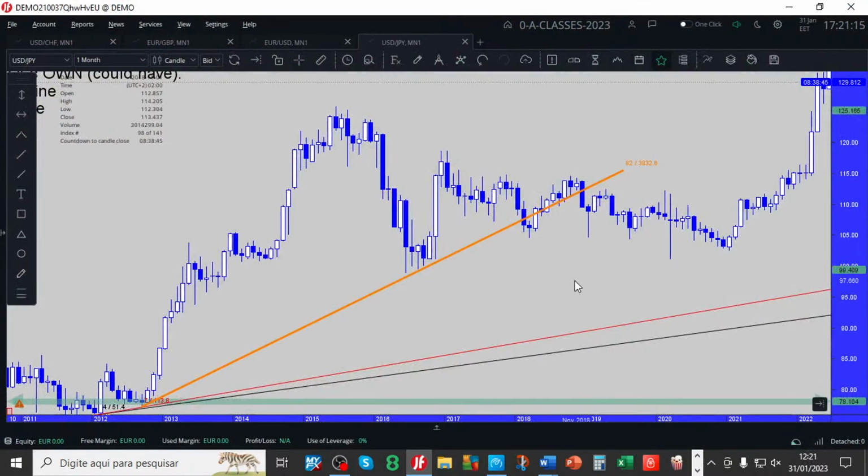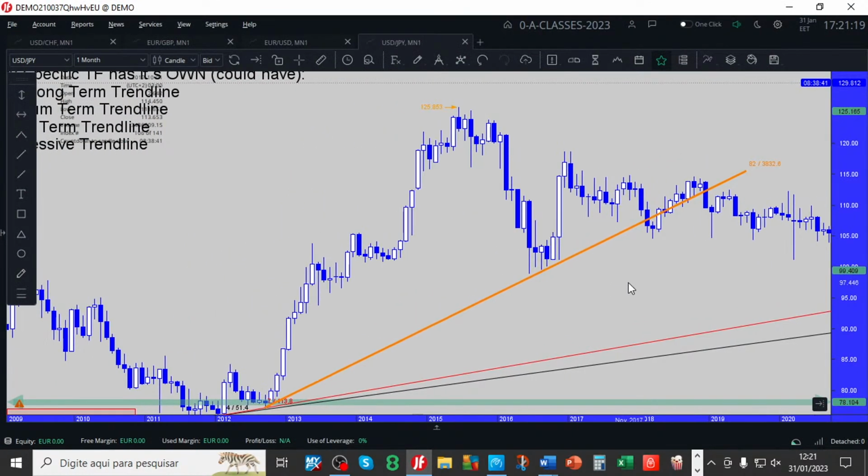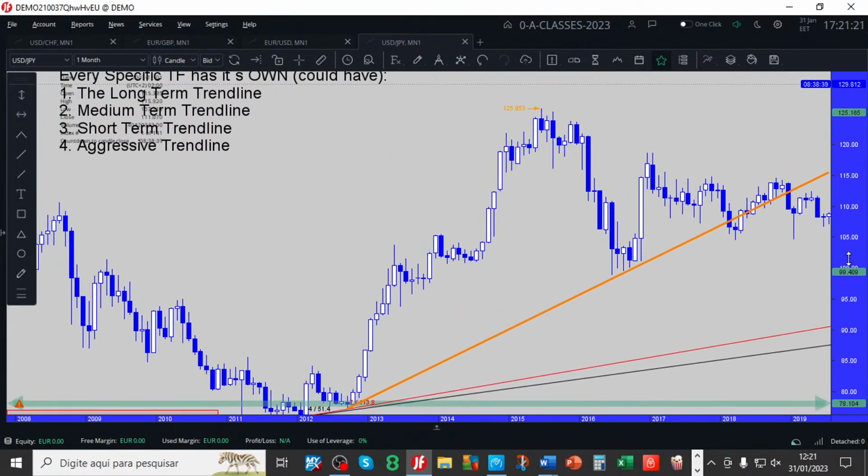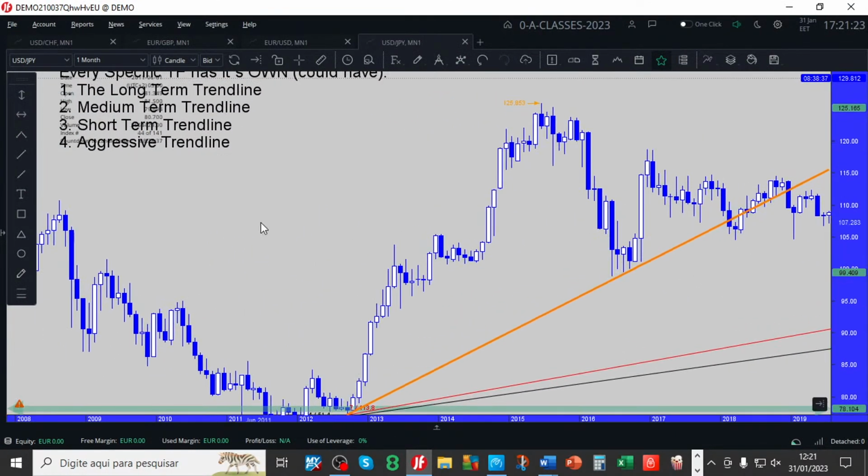Now, when you see something like this, everybody, tell me, is USD JPY up or down? Should you buy, should you sell? And this is the most important thing you are going to learn today.